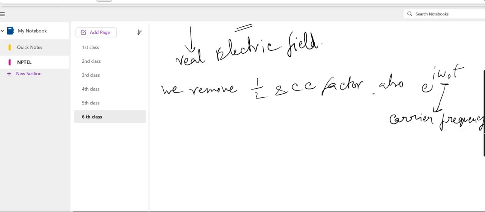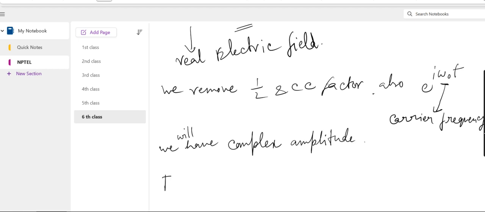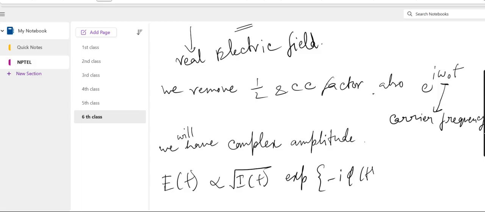If we drop this, we will have the complex amplitude, and that would be E(t) equal to root over I of t exponential minus i phi t.